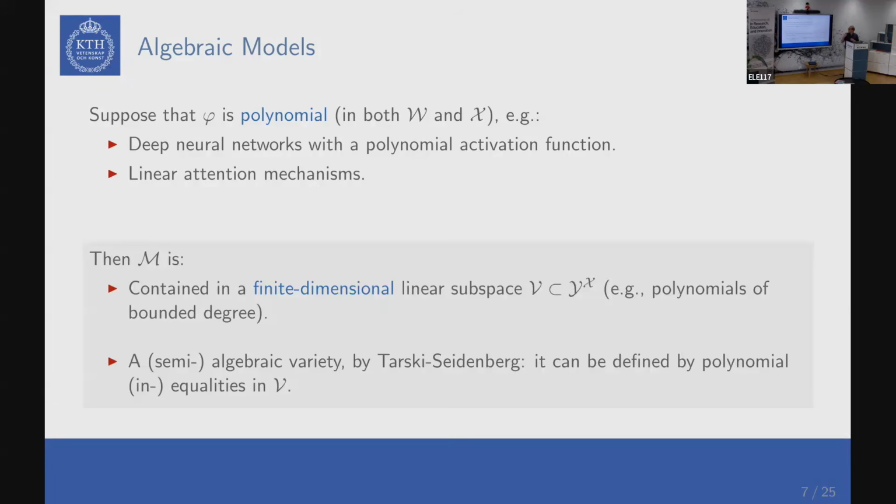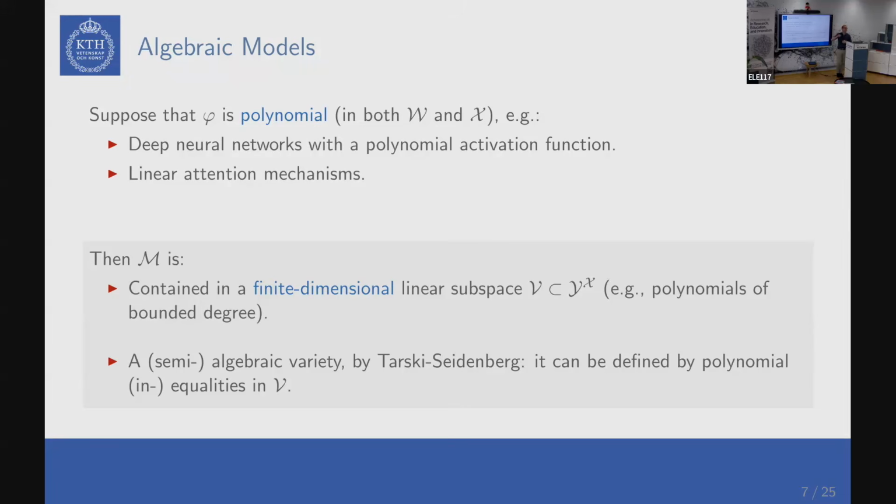And so what are now the two immediate advantages of an algebraic model? First of all, something that sounds innocent, but it's actually extremely important. We said that a priori, the neuromanifold is a finite dimensional, nonlinear space, but that lives in an ambient infinite dimensional space, the space of functions.